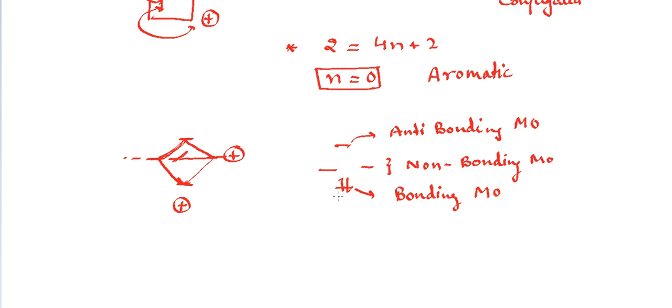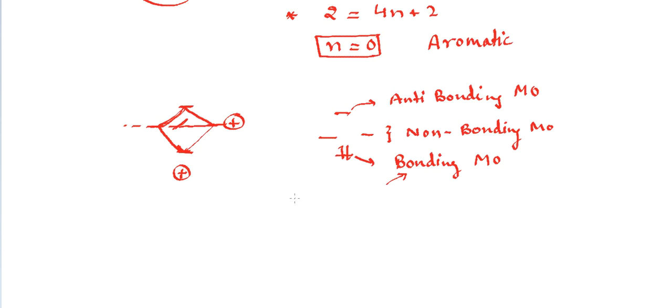Now you can say the electrons, due to resonance in this molecule, are filled in the bonding molecular orbitals. And we know that bond order is equal to half into the number of electrons in the bonding molecular orbitals minus the number of electrons in the anti-bonding molecular orbitals.